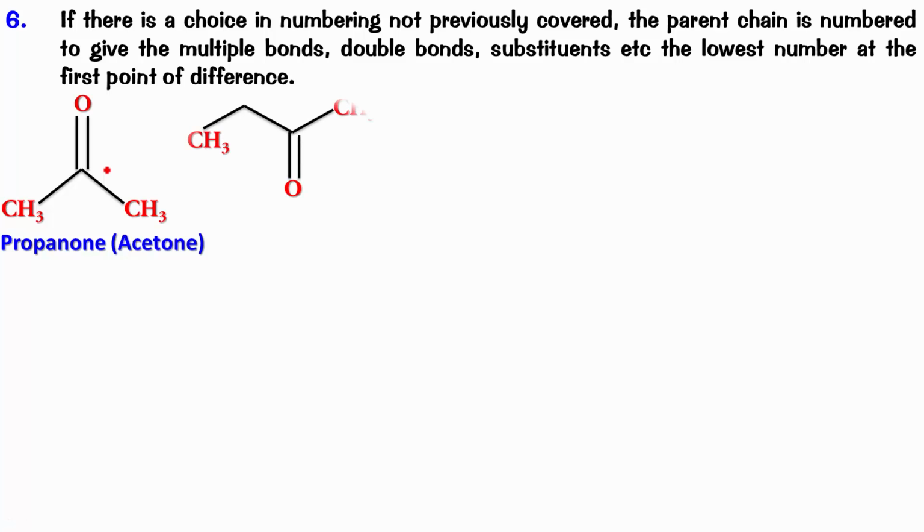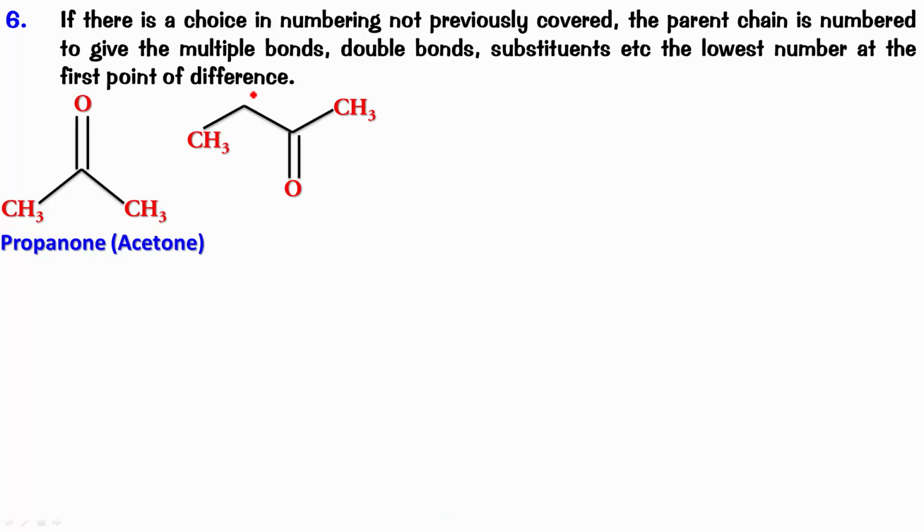Okay, look at this one. What do you think would the name of this be? Pause the video, write down the name and then check it back by playing the video again. Now what you need to do is, you can see there are 4 carbon atoms. It's butane, it's butanone. Now should we write the number here?